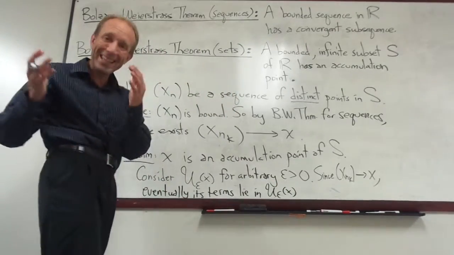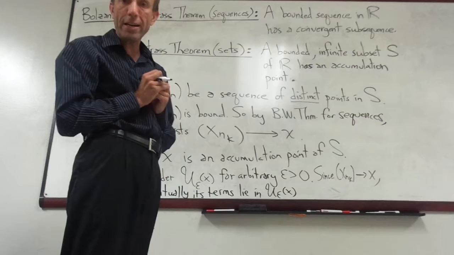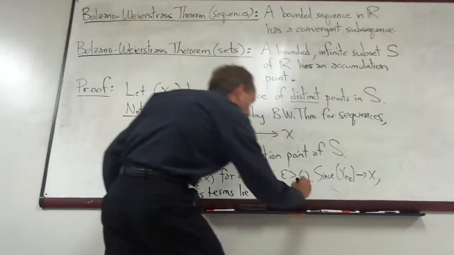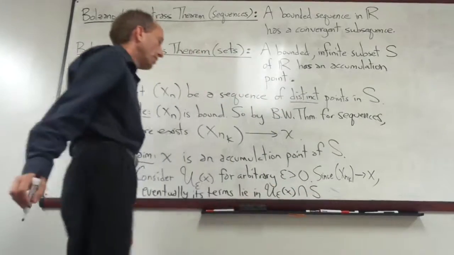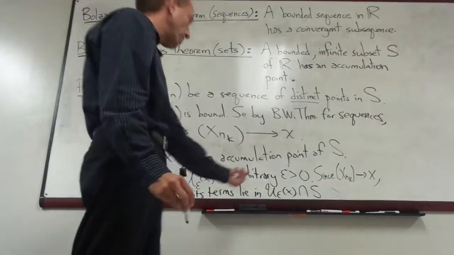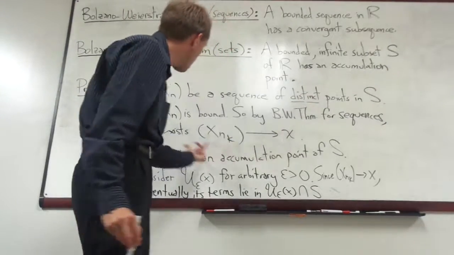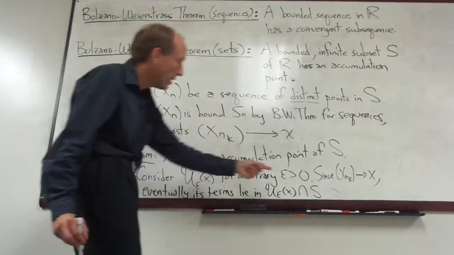They eventually have to get inside of any neighborhood of x whatsoever. But that subsequence consists of points that are in S. So there are going to be infinitely many distinct elements of that subsequence that are in S.